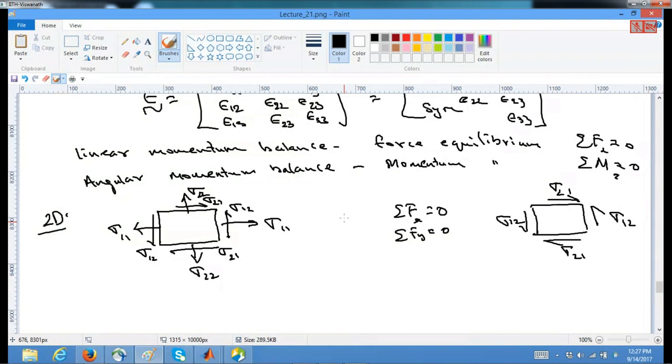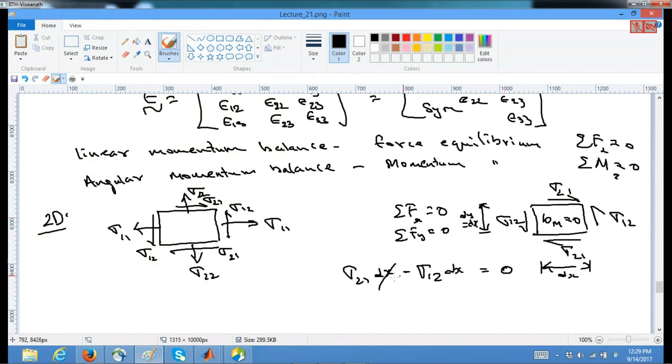But if it is not a ferromagnetic material, that means if I take moment about any point, since let's say this is dx and this is also dy, which is equal to dx, then we know that two opposite forces separated by a distance would create a moment, and this sigma 21 would create a clockwise moment, and sigma 12, these two are opposite forces and they are separated by a distance again dx, and there are no body moments present to resist it, so it is zero.